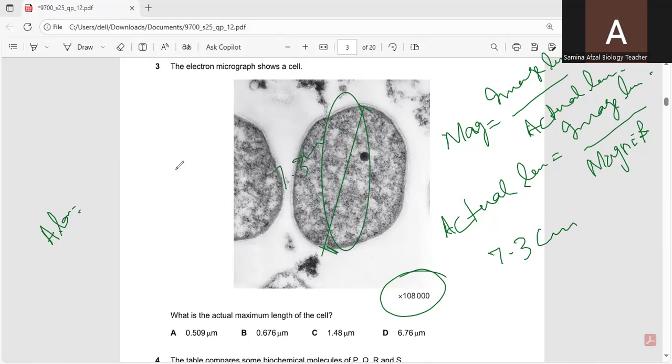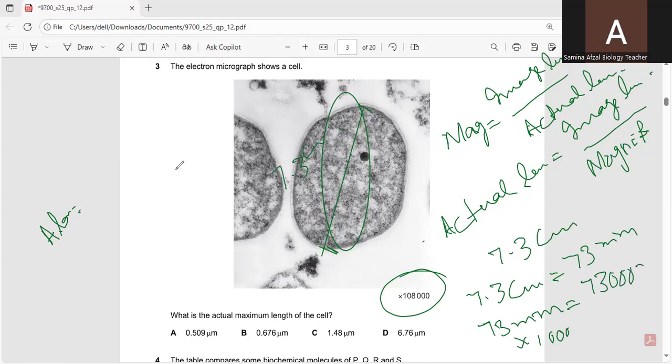First of all, we have to convert 7.3 centimeter. You have to use the calculator over here. 7.3 centimeter is equal to 73 millimeter. Convert 73 millimeter into micrometer by multiplying it with 1000. It will be equal to 73,000 micrometer.